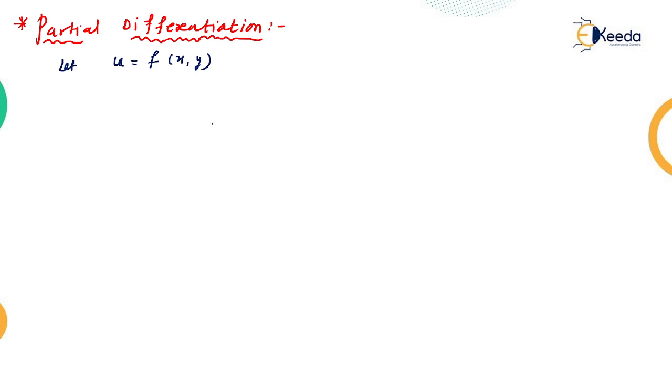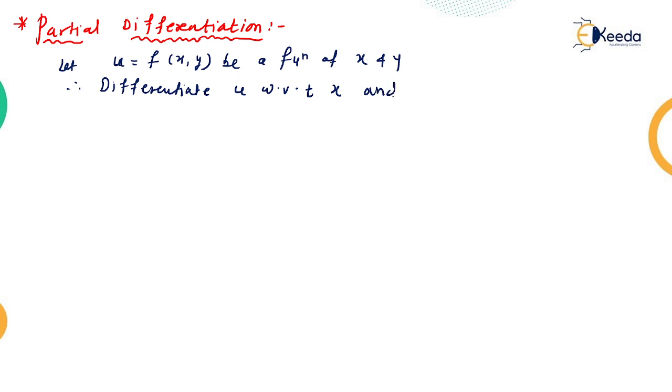Let u equal f of x, y be a function of x and y. Therefore we differentiate u with respect to x, and we also differentiate with respect to y.